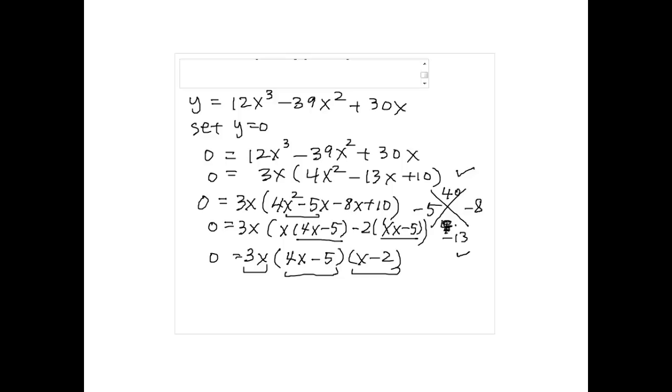So we have three factors: 3x equals 0, 4x minus 5 equals 0, and the last one will be x minus 2 equals 0. By solving each equation, we get x equals 0, or x equals 5/4, or x equals 2.